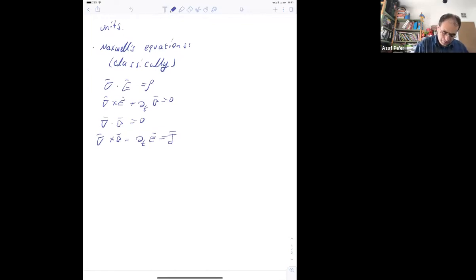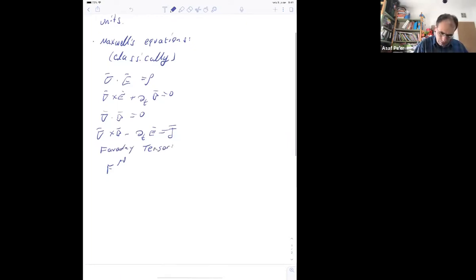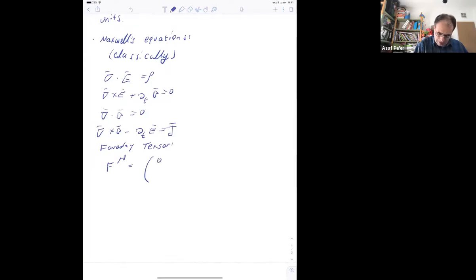the Faraday tensor, which is the anti-symmetric tensor. So it has to have zeros on the diagonal, and then minus E1, minus E2, minus E3, E1, E2, E3, and then minus B3, B2, and minus B1, and of course the opposite, B3, minus B2, and B1. 1, 2, 3, of course, are x, y, and z.